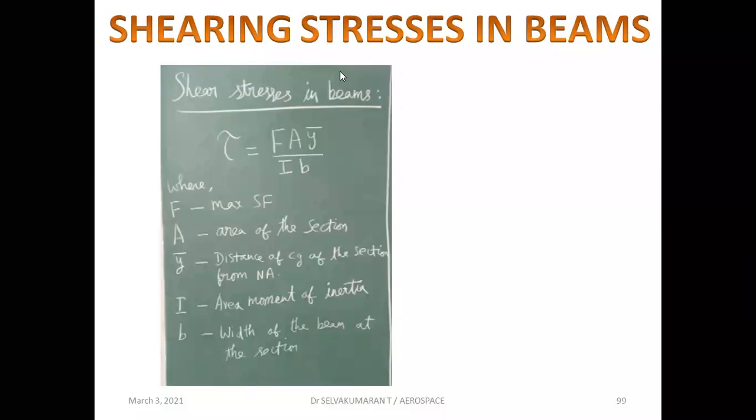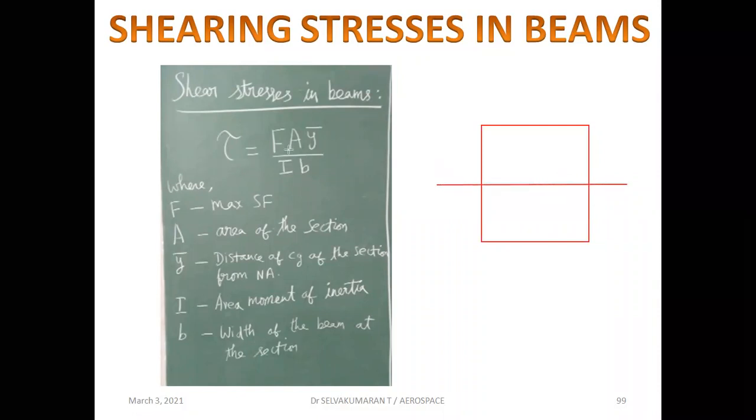Now for example, let me draw one cross section, say a rectangle cross section. Suppose this is my cross section of the beam, and this is my neutral axis.